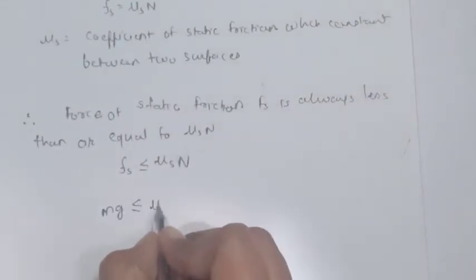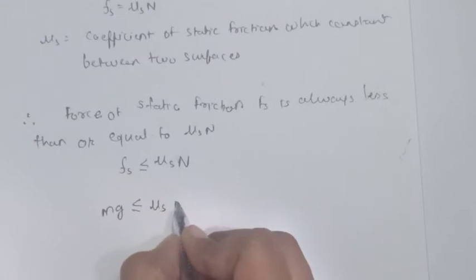So write down mu s as it is, and N equals mv square by r.